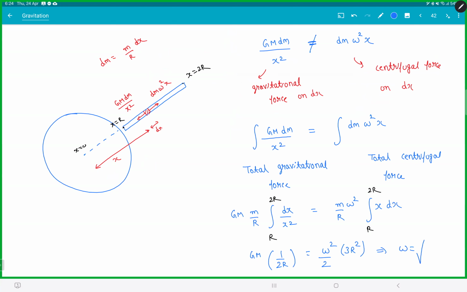So we get omega is equal to root over GM by 3R cubed. Check this, everyone. Clear with this?